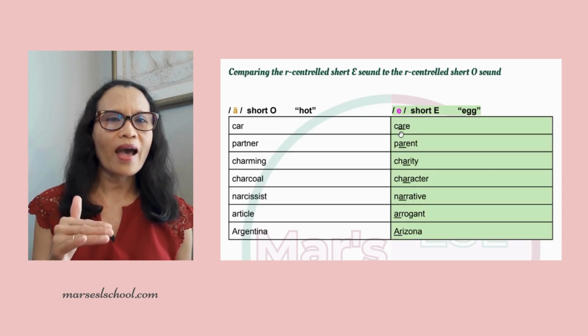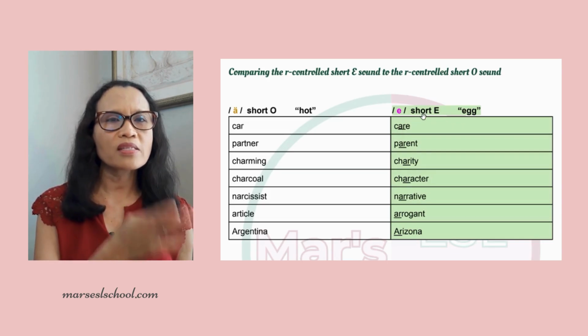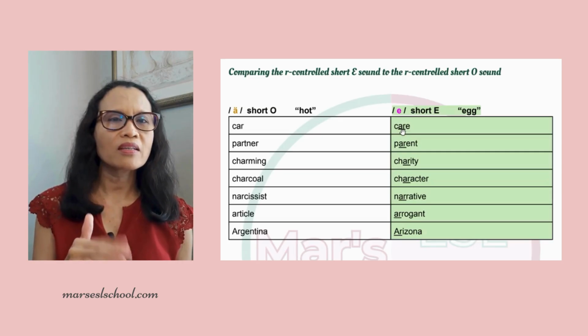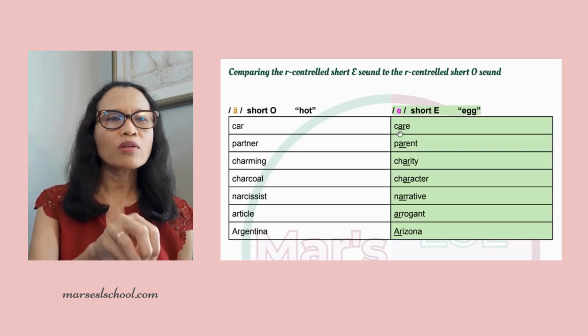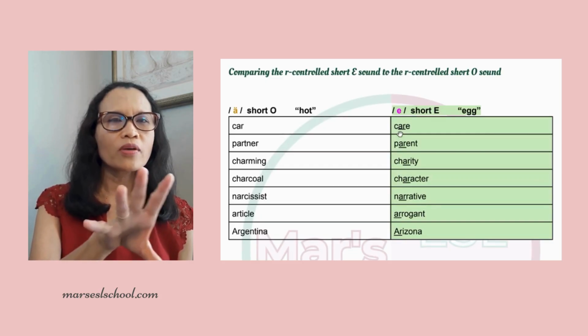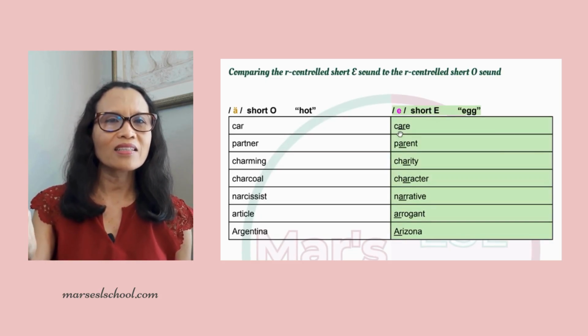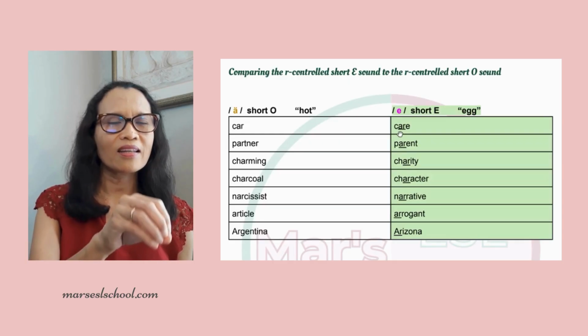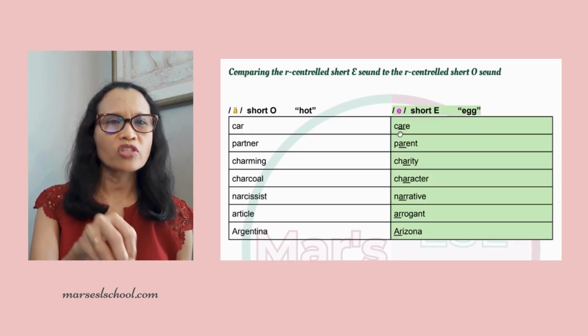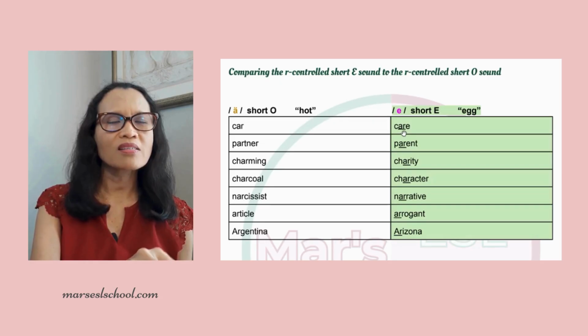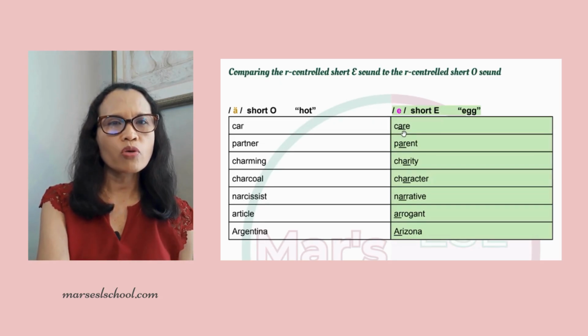It's not car. It's with a short E sound plus R, care. So the vowel sound is now different. It doesn't follow the normal pattern. It's not like cat, cash, and can. It has a short E sound, care. And this is because of the letter R, which controls the vowel sound, the bossy R.